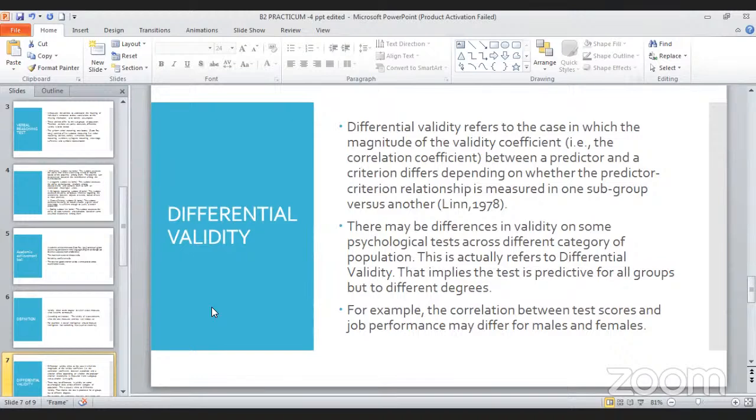But in some cases, we can see the relationship between the two variables differs across the subgroups. That is the differential validity. Sometimes there are differences in validity coefficients across the subgroups, though the same test is administered on all the groups. Is it clear or not?